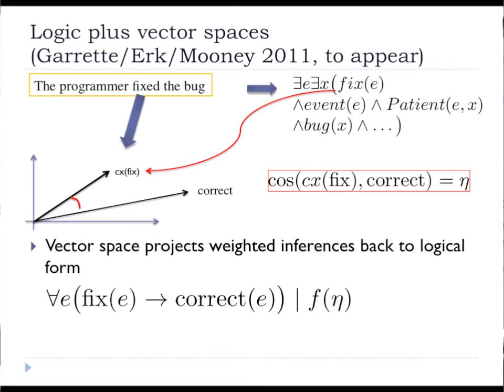Yeah, although this formulation here we can get away with because we're currently using text snippets that are small enough that we only have one fixing event in there. If we had larger text, we would want to say, well, fixing event number 689 has a particular weight for being also a correcting event.